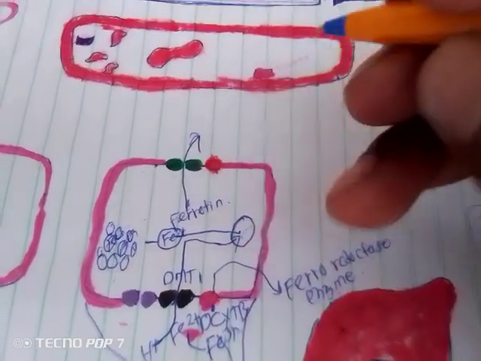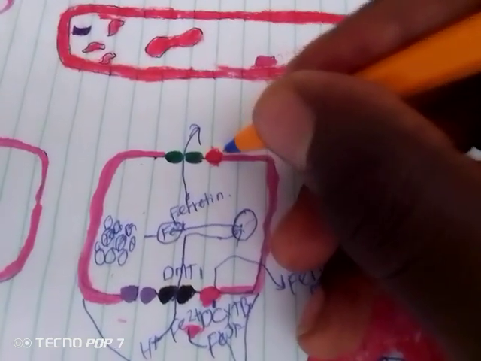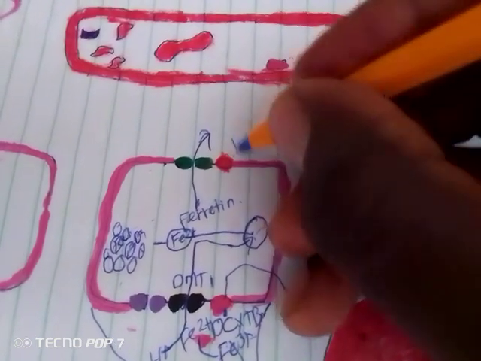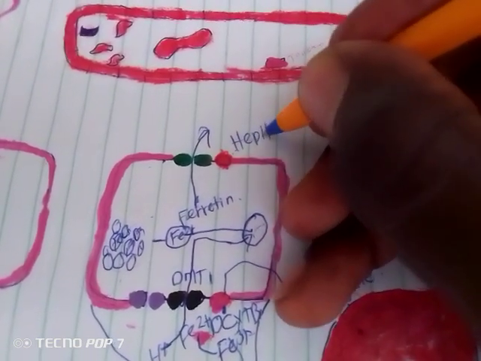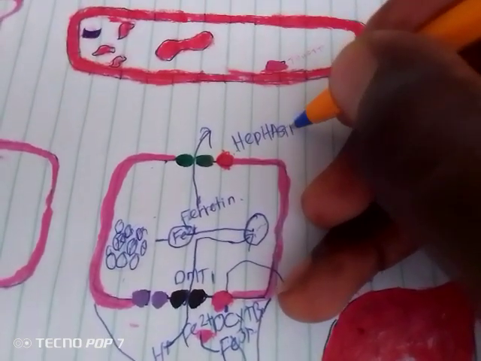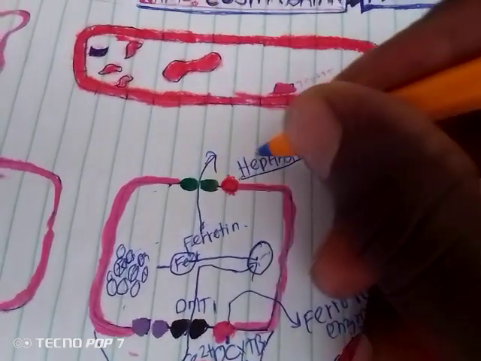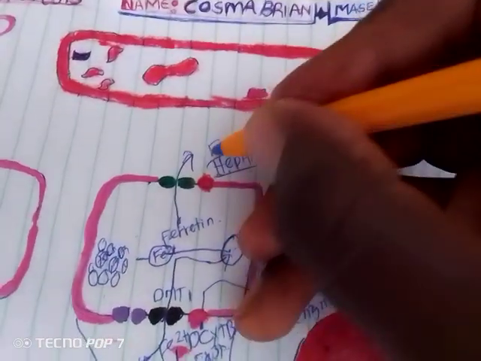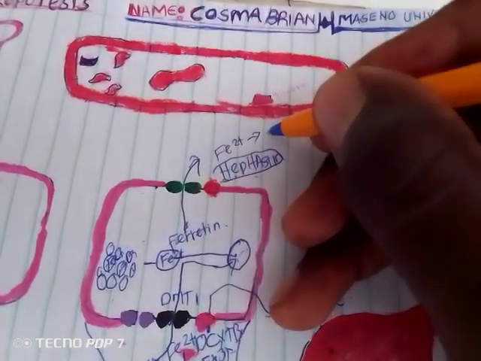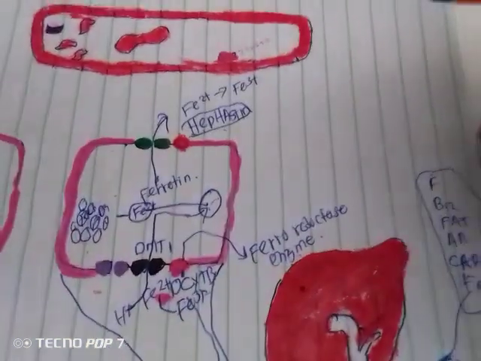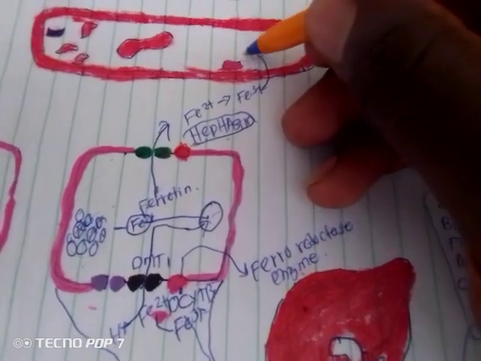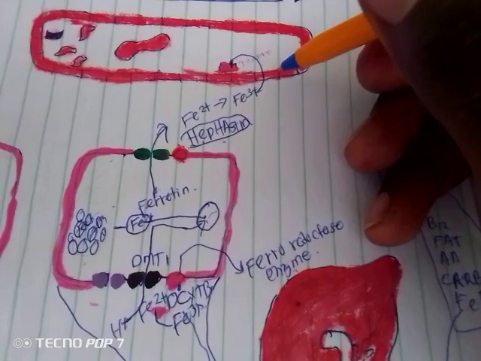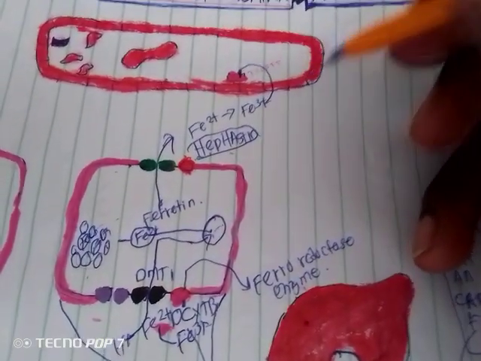So it moves out. After moving out, there is a protein known as hephaestin. This hephaestin converts iron 2 positive to iron 3 positive. This iron binds to transferrin, a protein in a sinusoidal capillary found in the bone marrow.